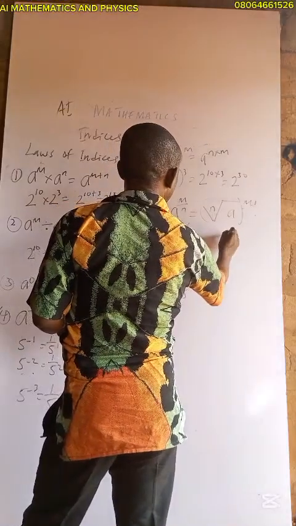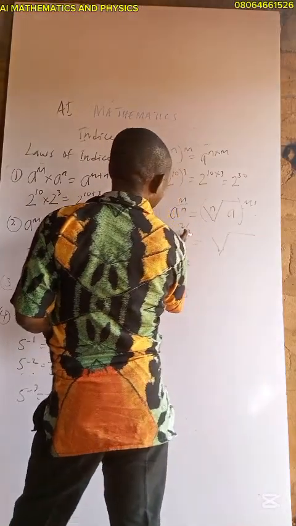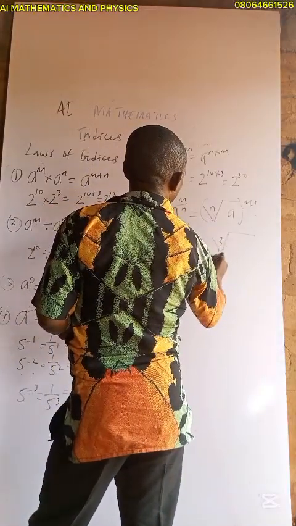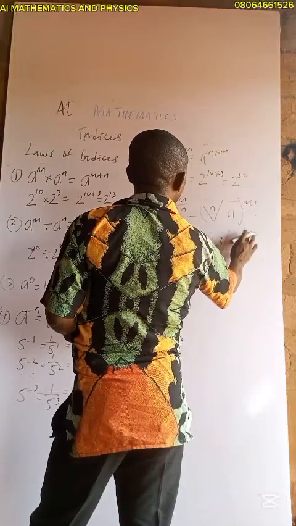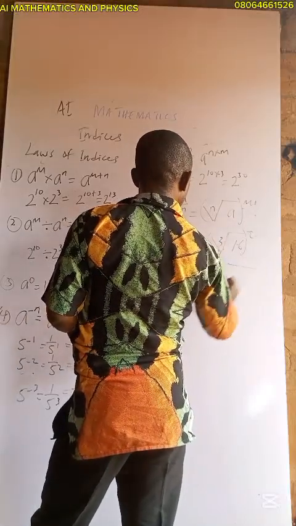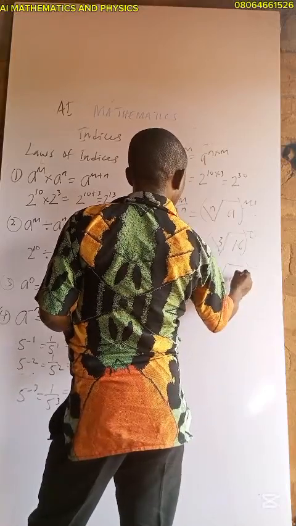You introduce this sign. This one is a denominator. You write it here. 16 here, and you write square here. This one, you introduce the sign. 16 will be here, 2 will be here, then 16 will be here.